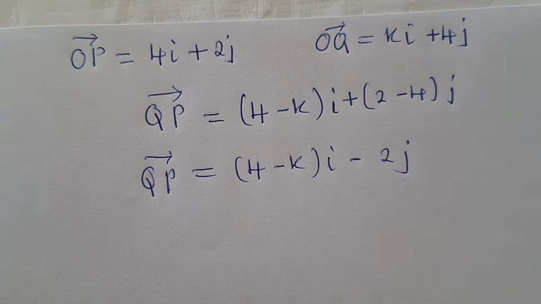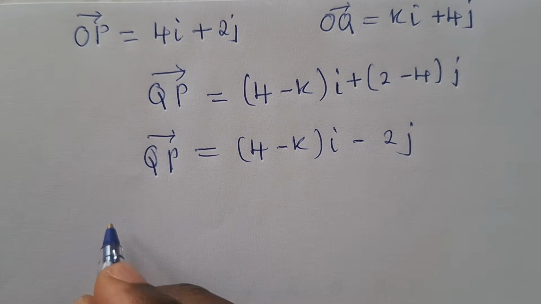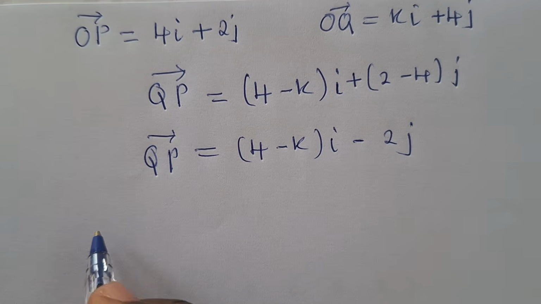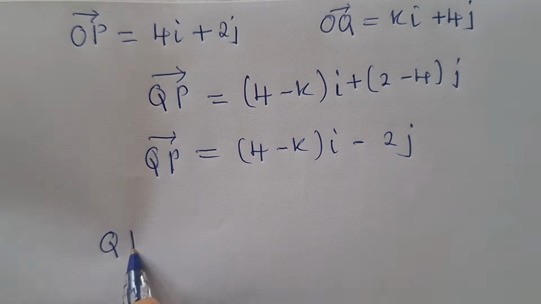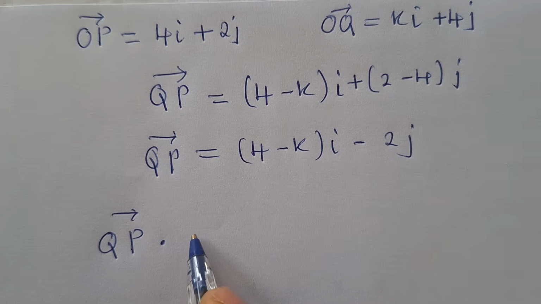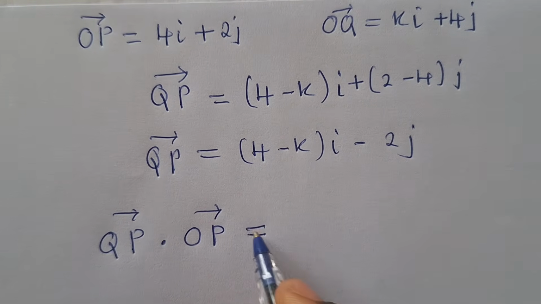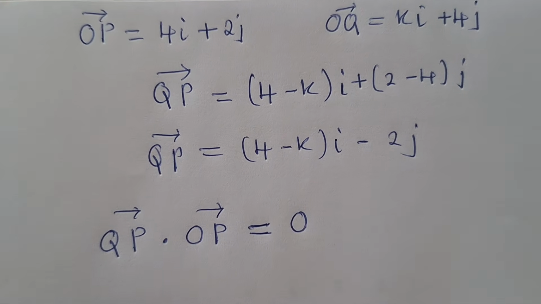Now there is a property which says that when dealing with vectors, when they say they are perpendicular, so vector QP multiplied by vector OP, when they are perpendicular and you multiply them, you are going to get a 0.